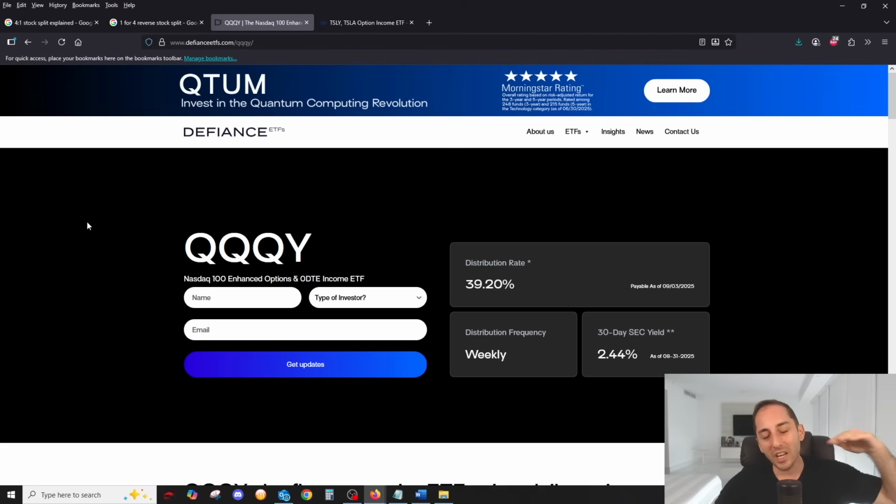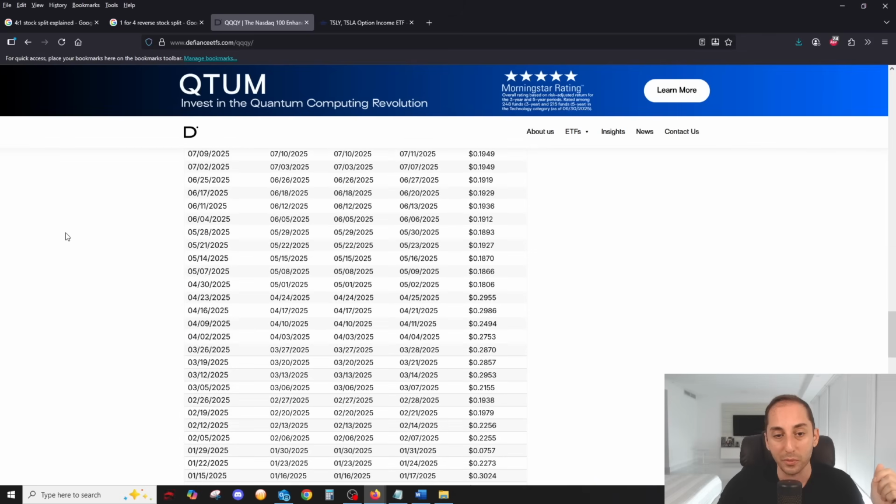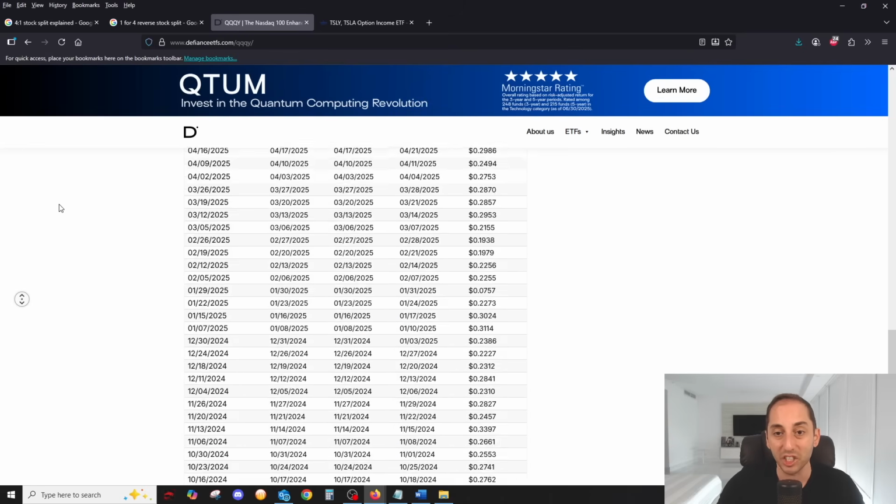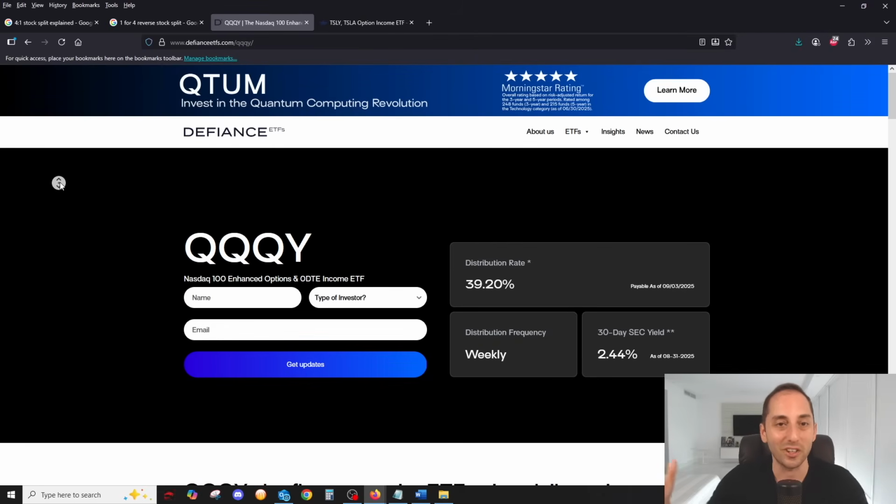But if the NAV is going down and down over time because these fund managers or these high yield funds have a very aggressive distribution policy, which means they're giving out massive distributions every month or every week, like QQQY, for example, right? You could see, especially at the beginning, they were giving $1.93 a share if the stock price starts at $20.